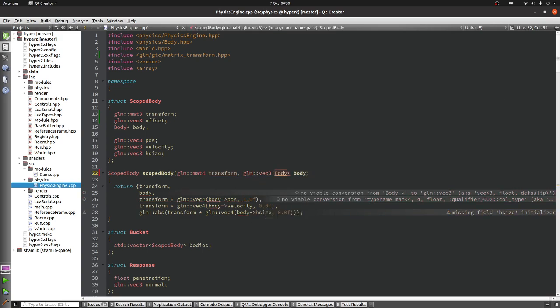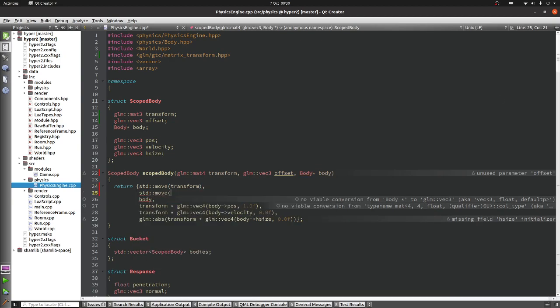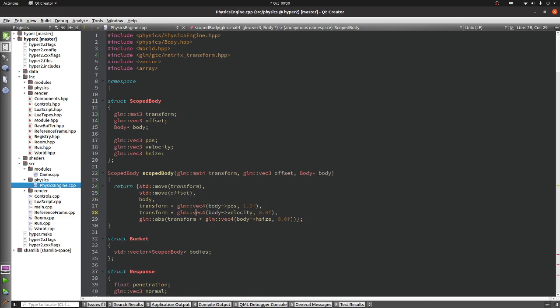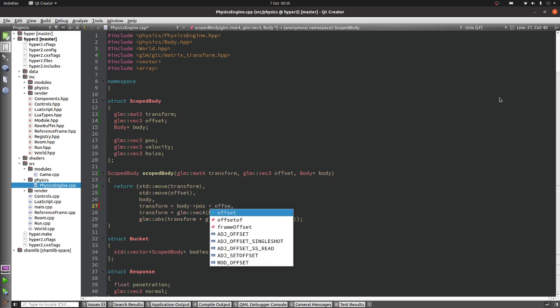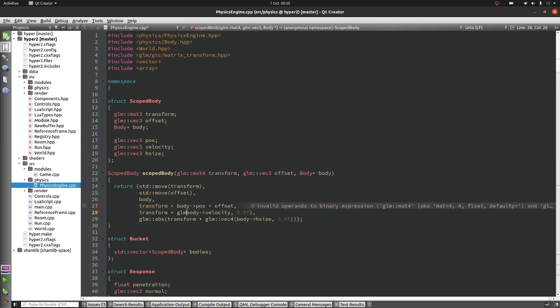Then this just becomes transform times that plus offset. This just becomes transform times that.